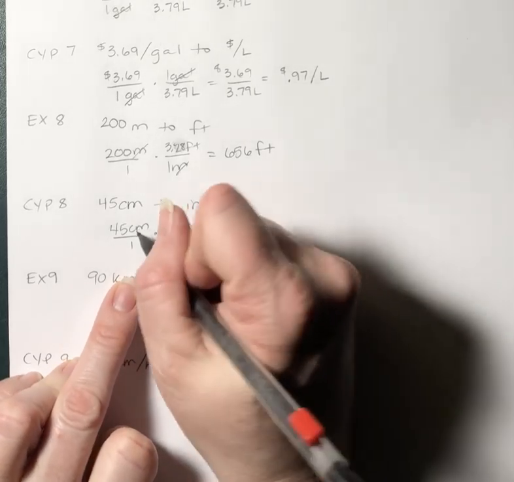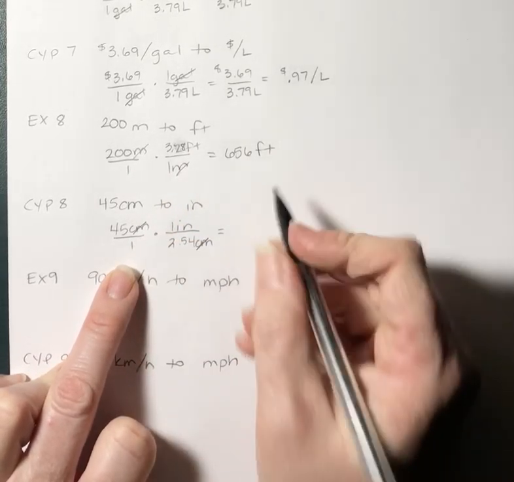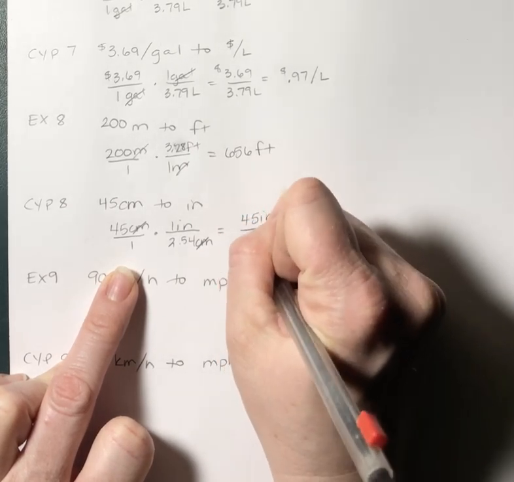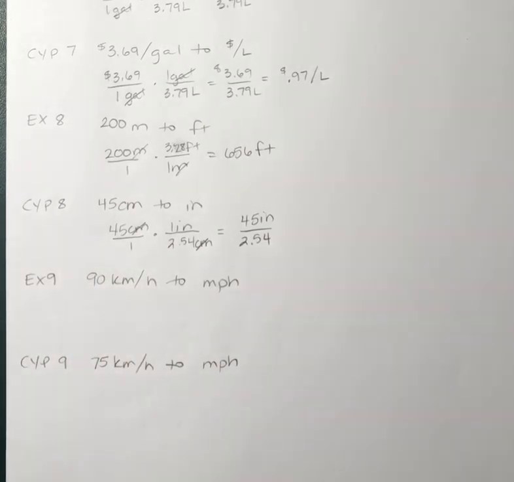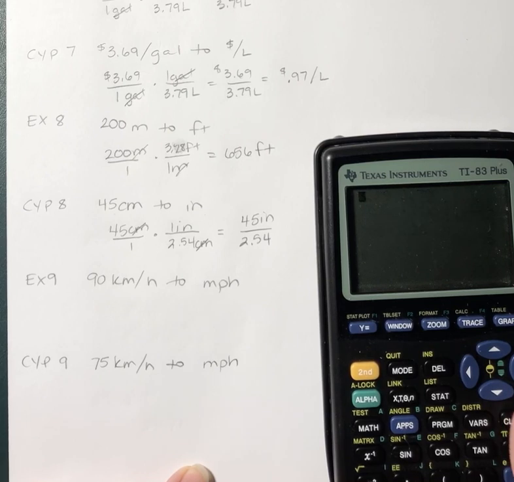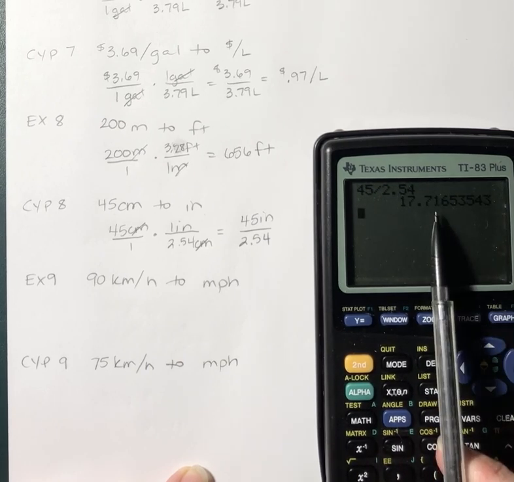So my centimeters cancel, and I multiply across, and I have 45 inches over 2.54. They are telling us to round to the nearest hundredth. So we're going to round to 2 places on this one. 45 divided by 2.54, and we get 17.72.